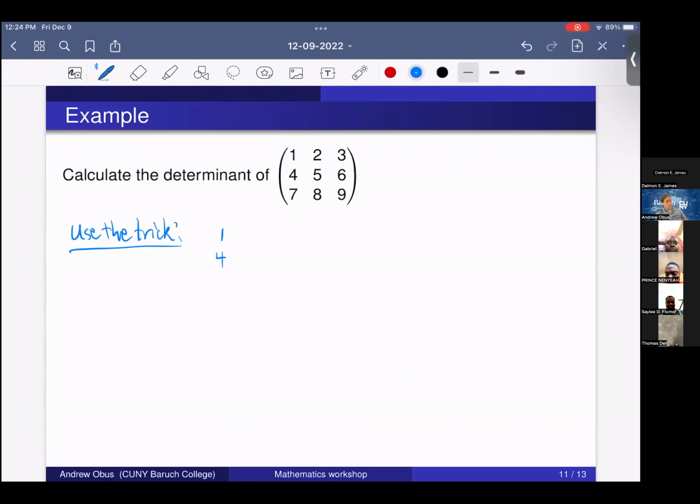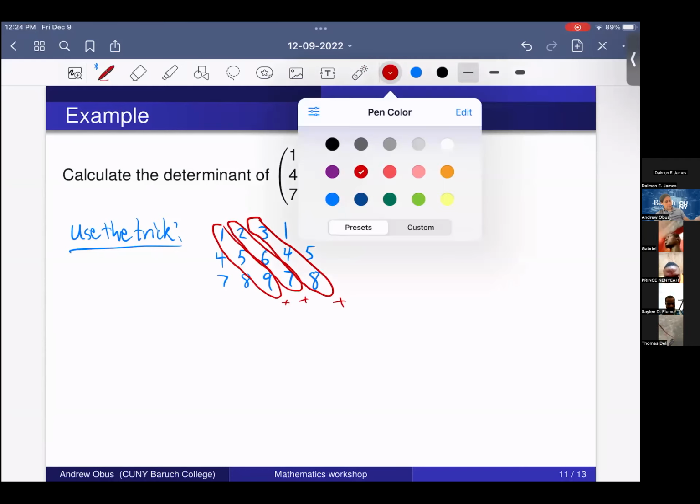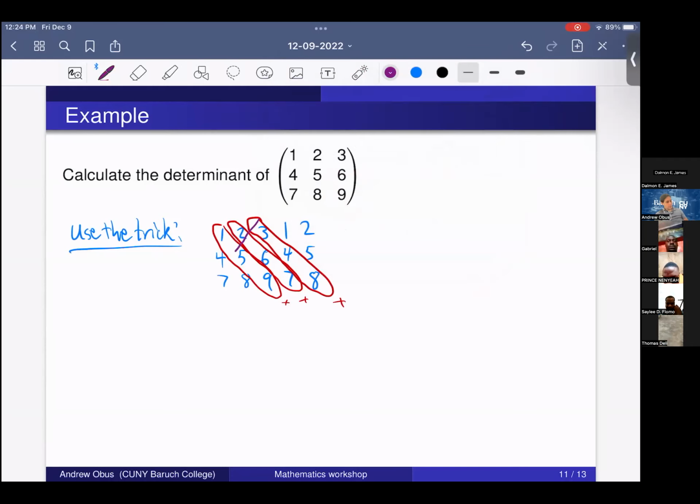I write 1, 4, 7, 2, 5, 8, and 3, 6, 9, and then I write the first two columns again. So 1, 4, 7 again, and 2, 5, 8 again. And then I'm going to circle my diagonals. These all get a plus. And then I'm going to circle the other diagonals in the opposite direction, and these all get a minus.